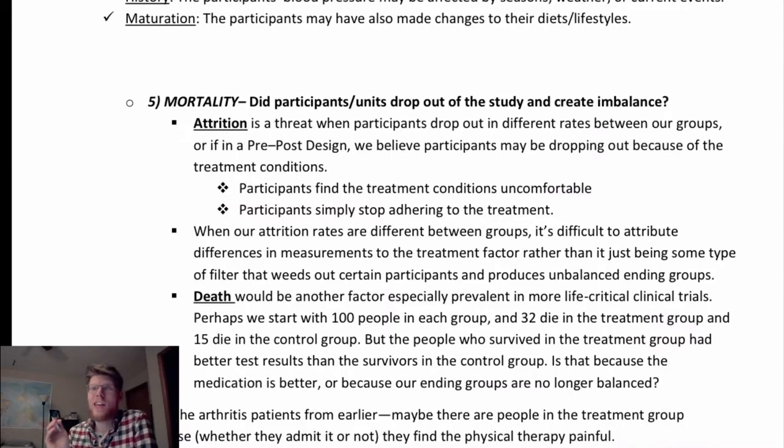And certainly, if people are dropping out at different rates between the groups, that's definitely a red flag that maybe there is a systematic difference between people's experiences and why they're dropping out, especially if we're getting to a significant proportion of my participants who are just not finishing. Whenever that happens, I should be concerned because who I'm left with may no longer be equal, and therefore I may no longer have an apples to apples comparison with the final results.